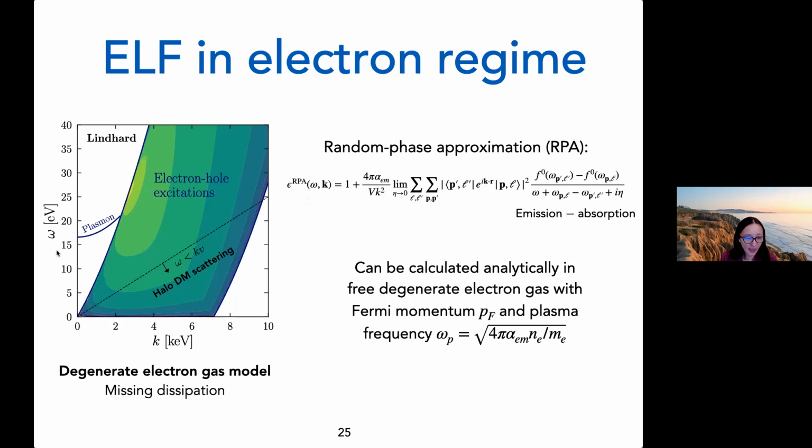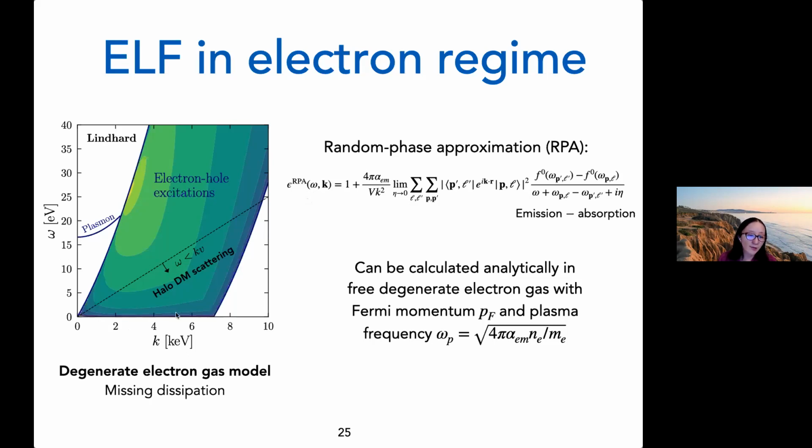So this is energy versus momentum, and for a spherical Fermi surface, you have to live in this region. But there's a collective excitation also called the plasmon. That's actually a delta function that appears here.